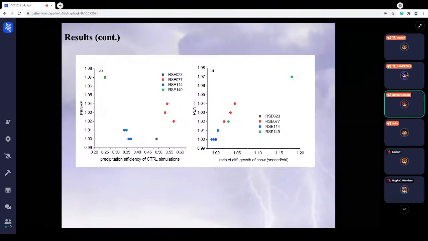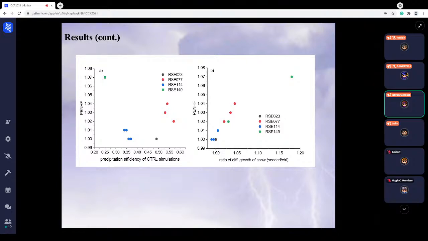In the horizontal axis, you can see the enhancement of the diffusional growth of the snow due to the seeding. So you can see that due to the seeding, in some cases the diffusional growth of snow was enhanced by 20%.